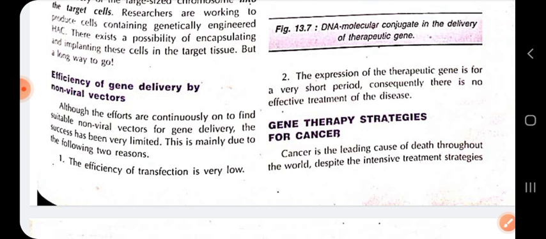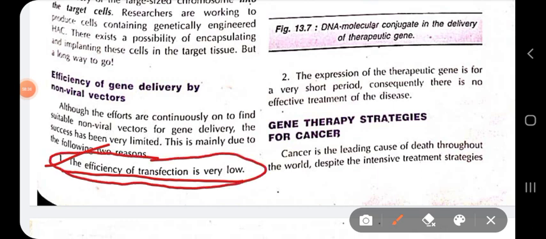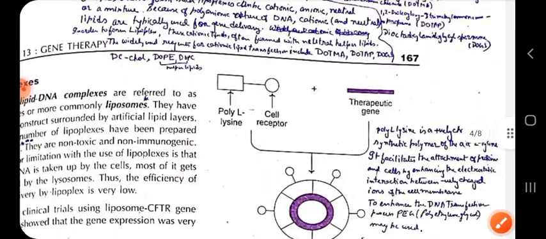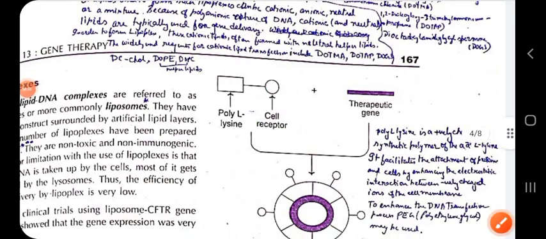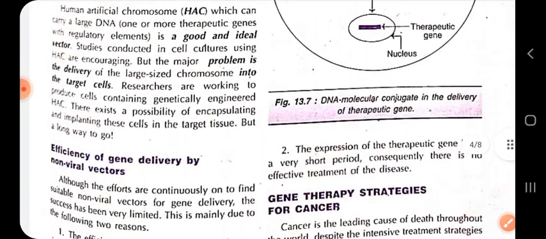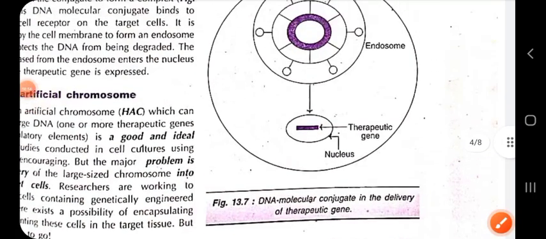Here it is saying that the efficiency of transfection is quite low, because we have to make specific interactions with the target cells. Just like here, for making the conjugate we use particular cell receptor ligands so that they can interact with the target cell, and thus the efficiency is quite slow.